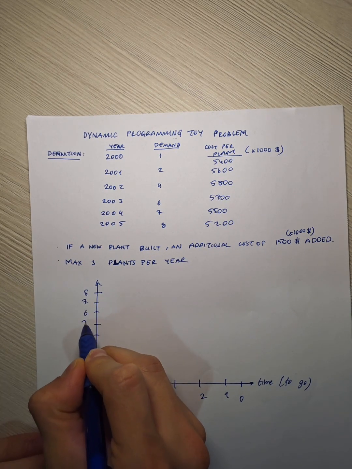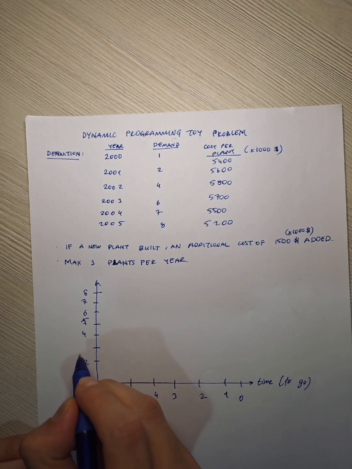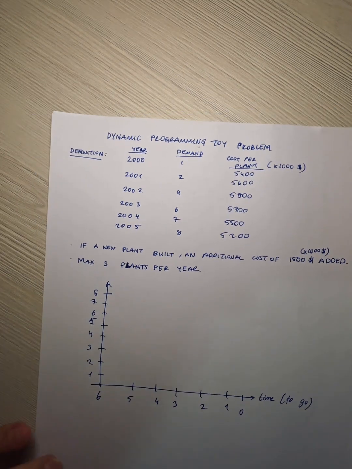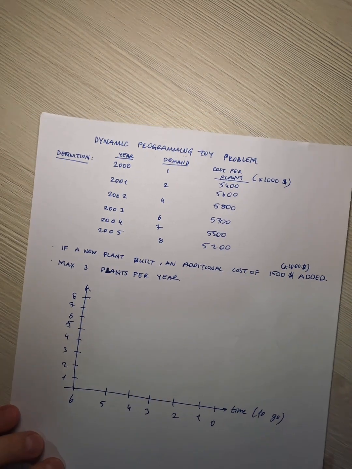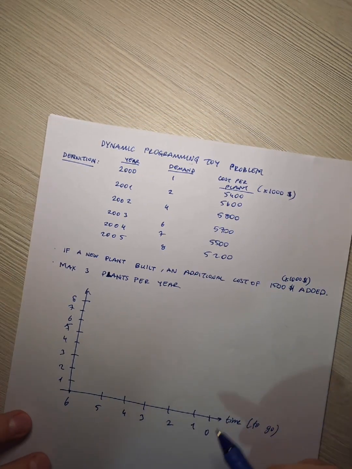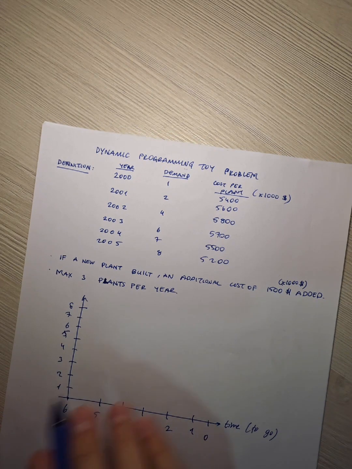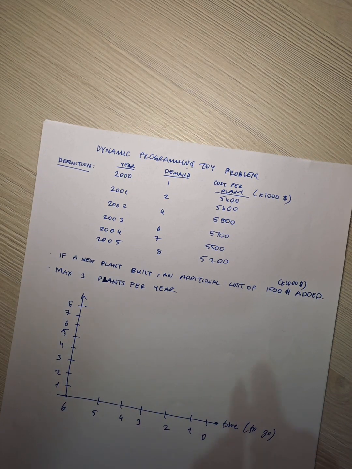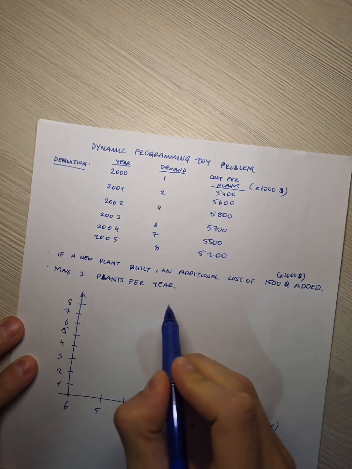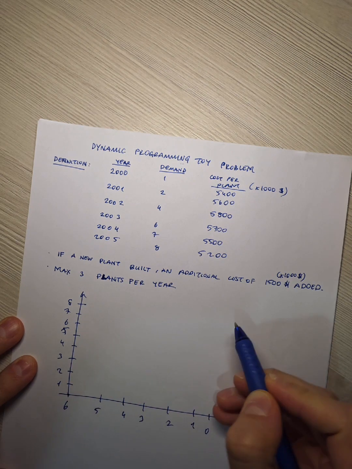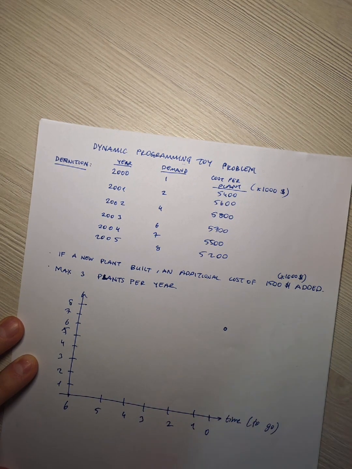You can skip this part if you don't need to write the problem. Okay, so at the end of this process, all of these years, we have one criterion, we need 8 power plants. Let's put one node here.